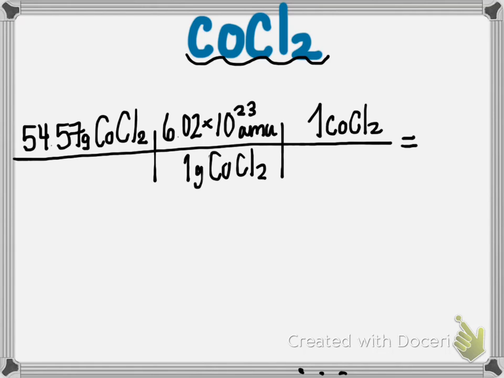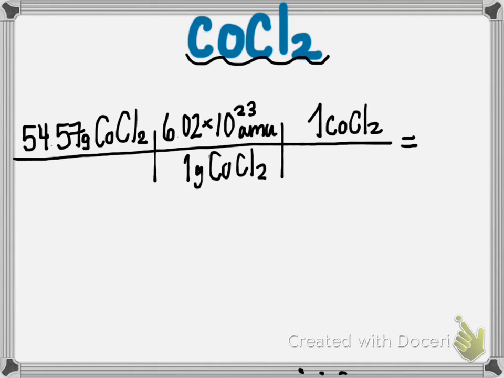To get that, you have to have a periodic table in front of you. You look at the mass, which is the little number underneath the element of Co, and then add that to Cl, but there's 2 Cl, so make sure you multiply chlorine's mass by 2, and then add the mass of cobalt to that. Whatever that number is, I think you should get around 129.